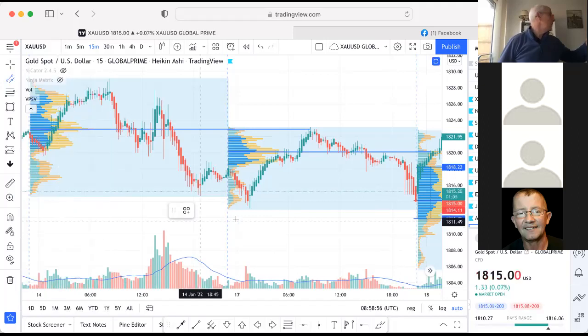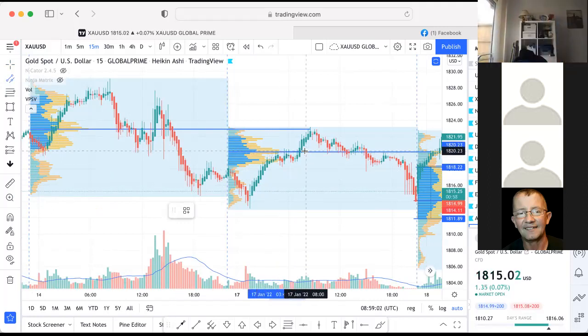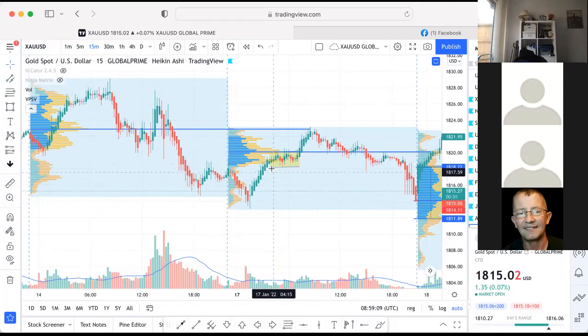If you click on parallel channel and place it there and drop it down to the bottom, you can see that there's an area of consolidation where price is going up and then coming down, and going up and then coming down. So I wanted an alert to tell me when price came out of that channel.